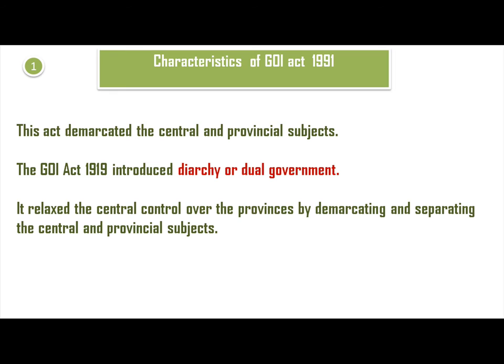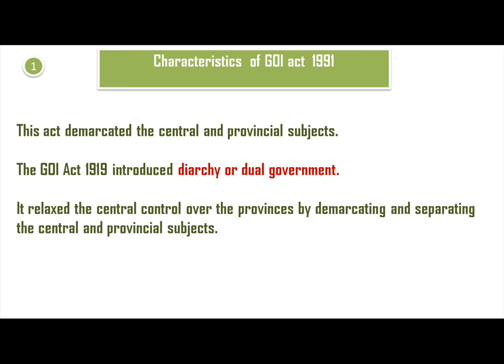So self-government has started from this stage. Self-government means the provinces or states will have control in their hands to some extent. The British declaration in 1917 said that self-governance has to be improved, and this will help in improving it.